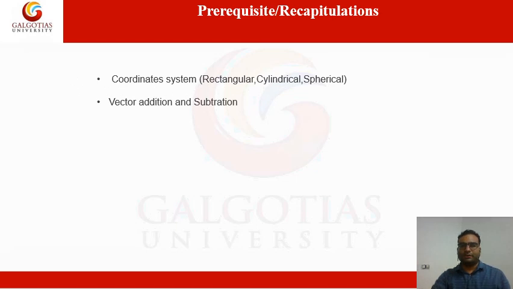So let us first start with the recap. In the last class, we discussed the coordinate systems. Three coordinate systems are there: rectangular, cylindrical and spherical. Their coordinates: in rectangular there is x, y, z; in cylindrical there is rho, phi and z; and in spherical there is r, theta and phi.